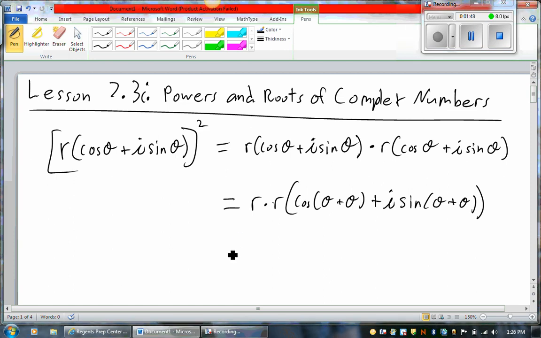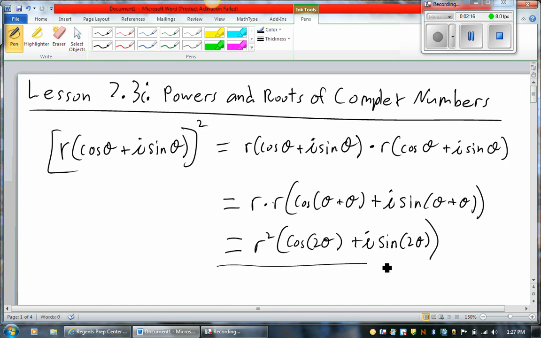So we'll do a little simplification here. r times r is going to be r squared. Cosine theta plus theta is, of course, 2 theta, plus i sine 2 theta. And this right there is what you get whenever you're squaring a complex number written in trigonometric notation.